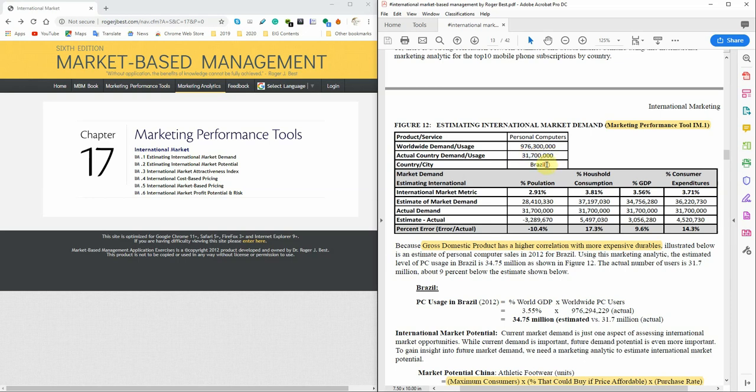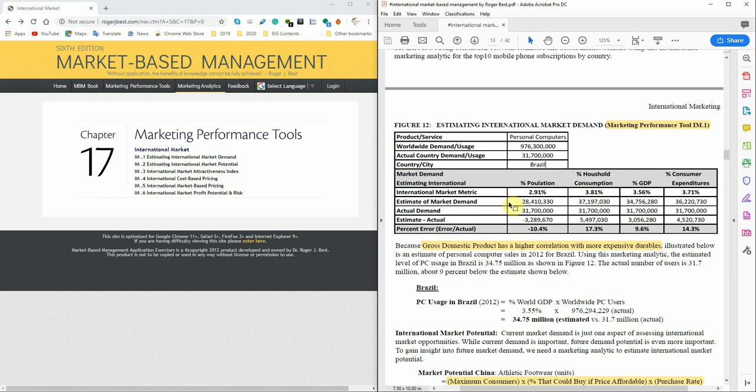We are going to use four different indicators to calculate international market demand. Number one is percentage of population. Number two, household consumption. The third, percentage of GDP. And fourth, percentage of consumer expenditure. Their metrics are different.